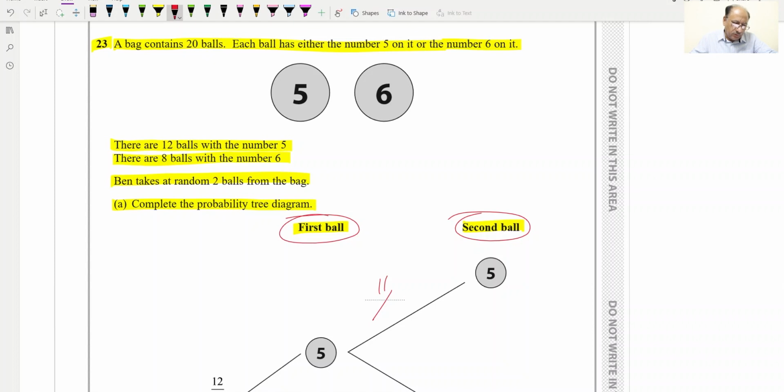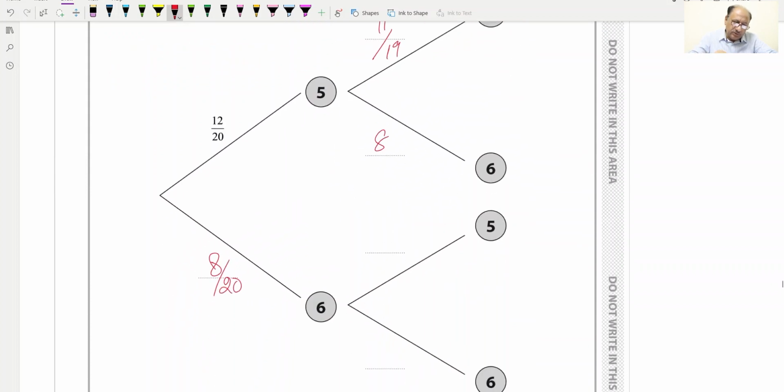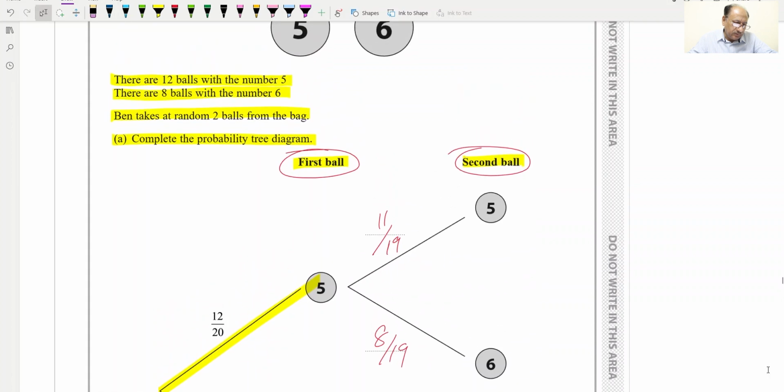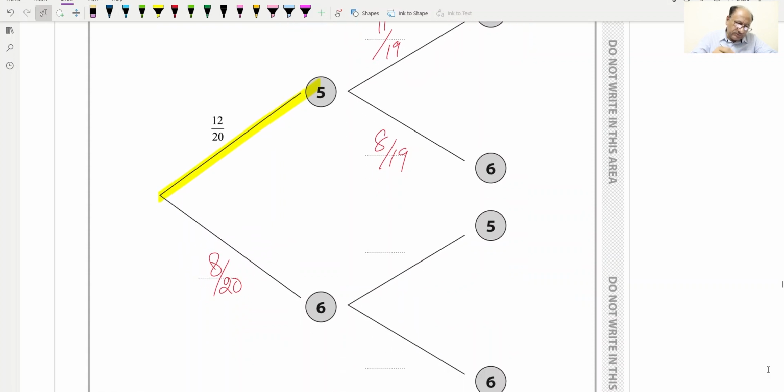So this will be basically 19, and the remaining will be 8 over 19, because there are still 8 balls with the number 6 on this branch. No ball has gone yet, so this will remain as 8 out of 19.